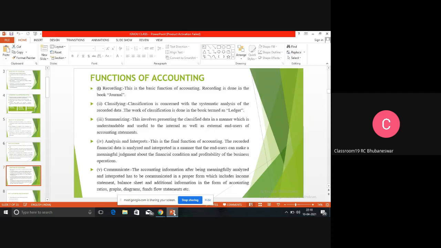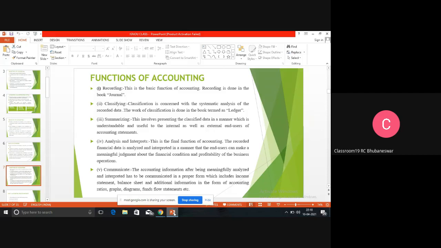After preparing the balance sheet, a cash flow statement and a fund flow statement are required. After preparing all the financial statements, they are communicated to the shareholders as information, so that they can take future decisions, whether they are interested in the particular business or will leave the business.